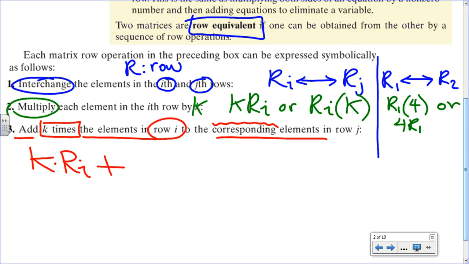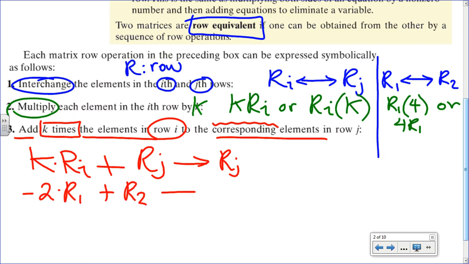Remember, I told you to order your columns X, Y, Z. So the corresponding elements in row J, so added to RJ. And so that will produce a new RJ. Remember, the subscripts are just numbers. So, for example, I can say -2 times R1 plus R2, and that will give me a new R2. So that's how it will look like.